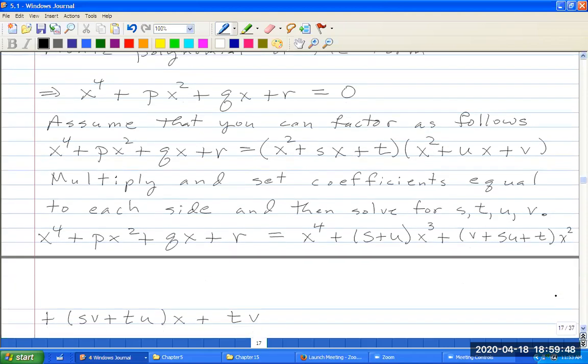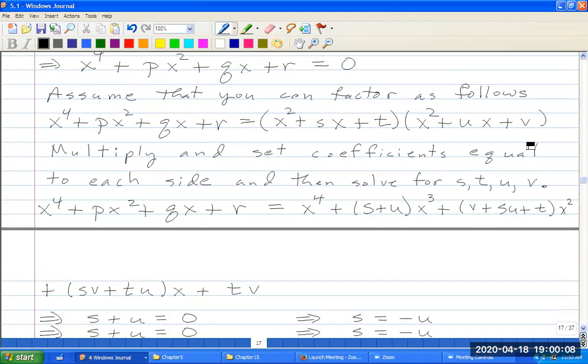And then let's do the x term: sv plus tu, and the constant term tv.